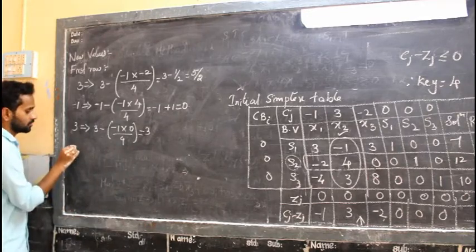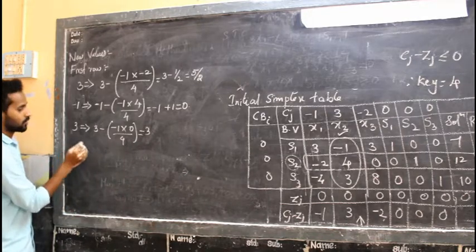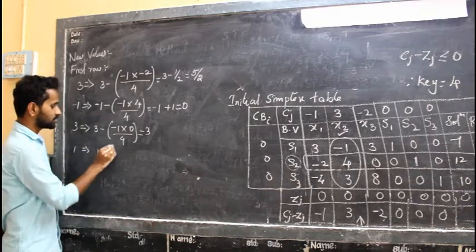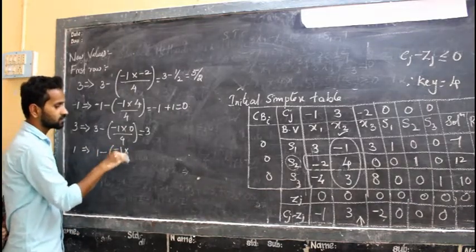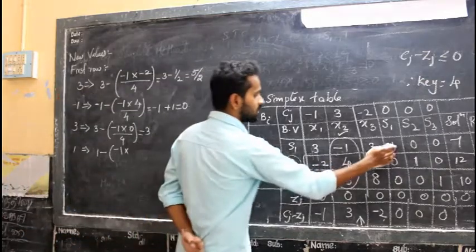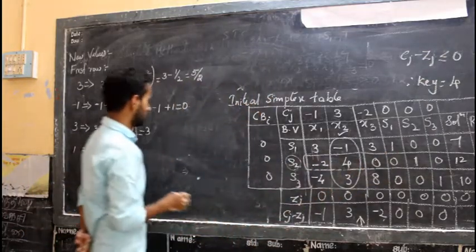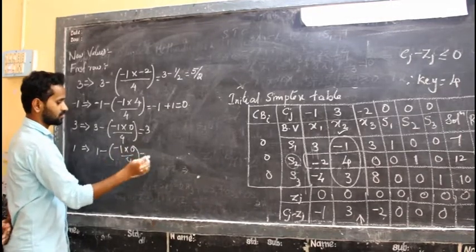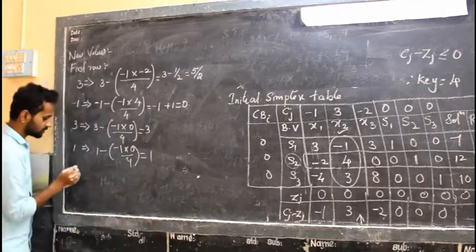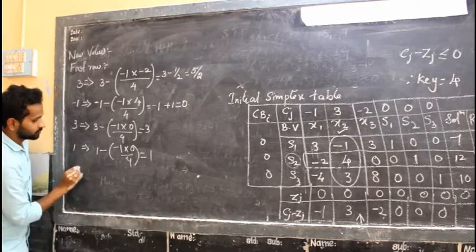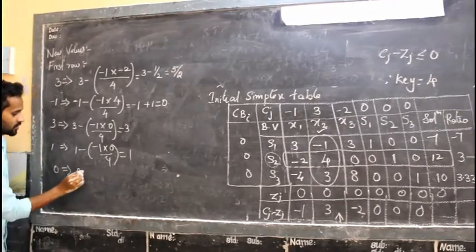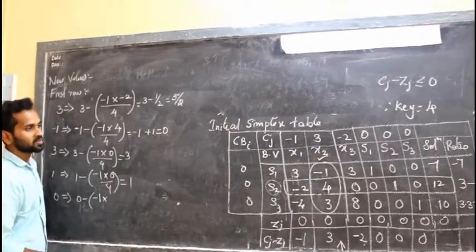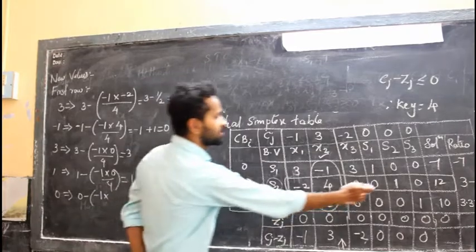So now next value is 1. 1 minus key corresponding column value is minus 1 into key corresponding row value is 0, 0 divided by 4. This becomes 1. So next value is 0. 0 minus key corresponding column value is minus 1 into key corresponding row value, check it here, it becomes 1.